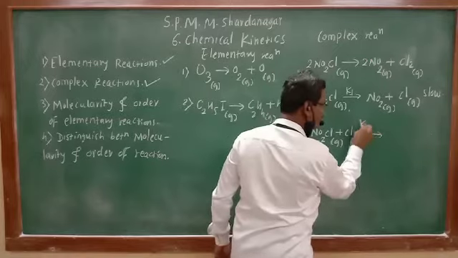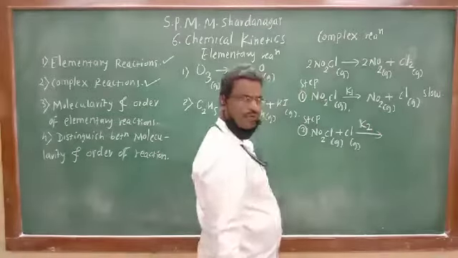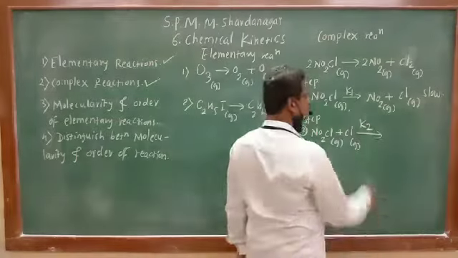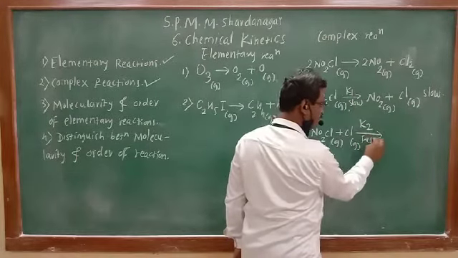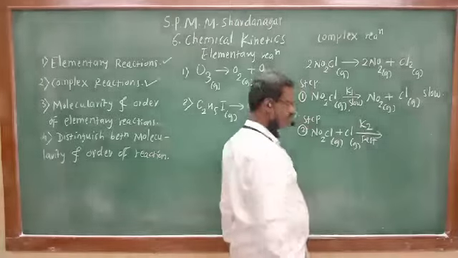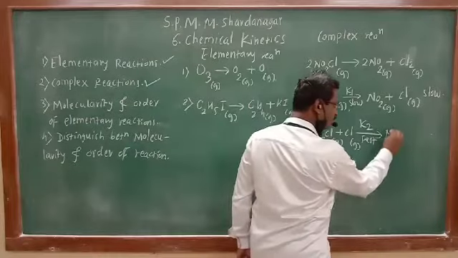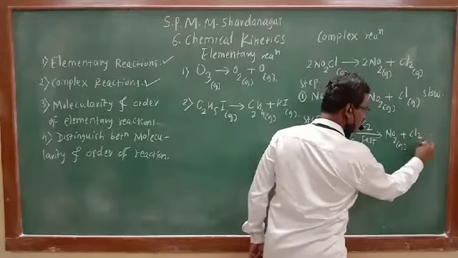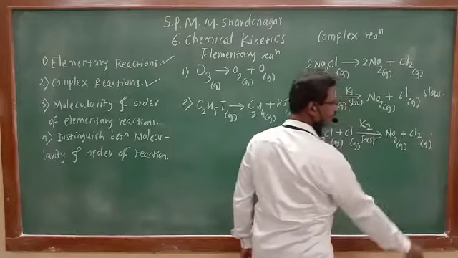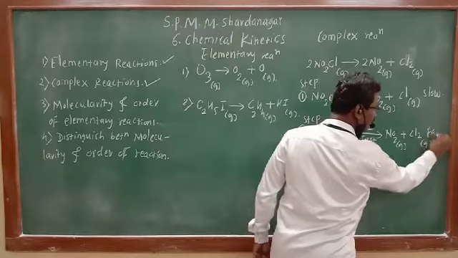Now this reaction has rate constant K2. First reaction is a slow reaction, whereas this reaction is a fast reaction. And by this reaction, NO2 plus Cl2 is obtained. This is nothing but the fast reaction.